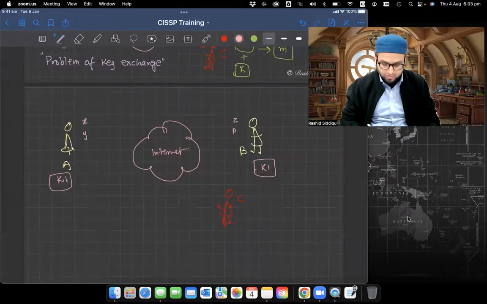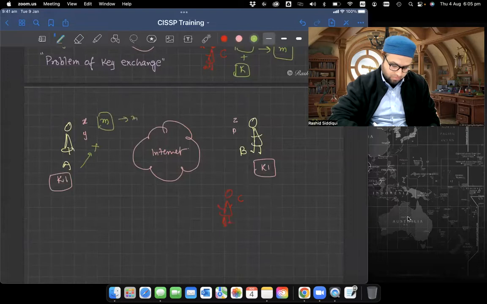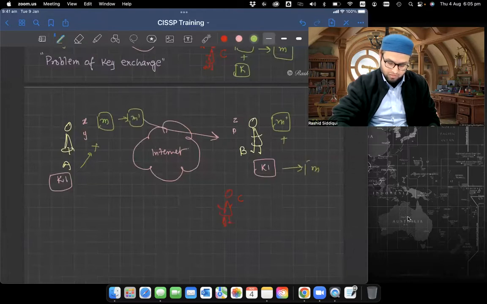So in this way, we can encrypt the message M with K1 here, and get M dash. This M dash will again be transported to B. It will apply the same key K1, and you will have message M here.